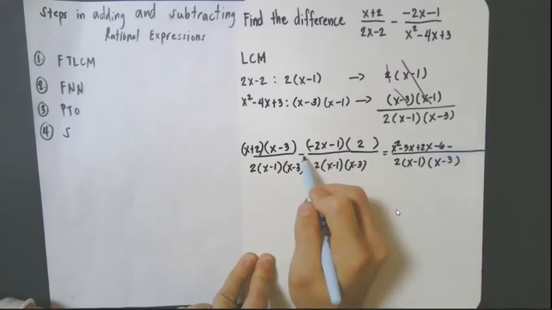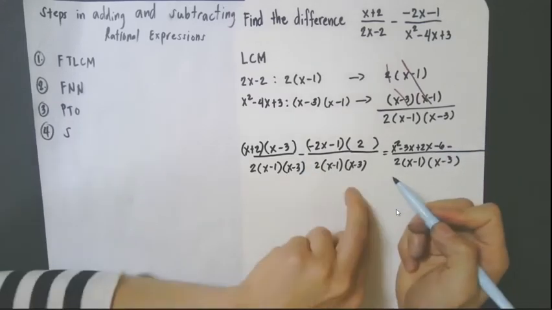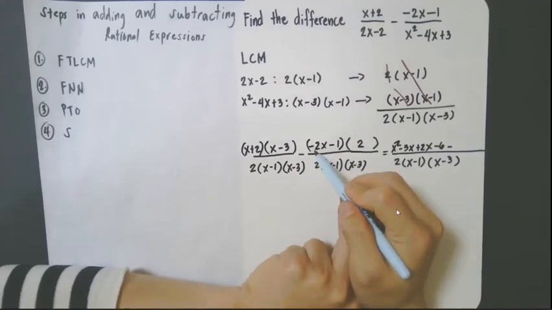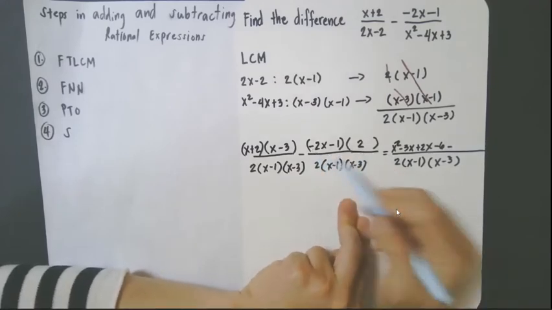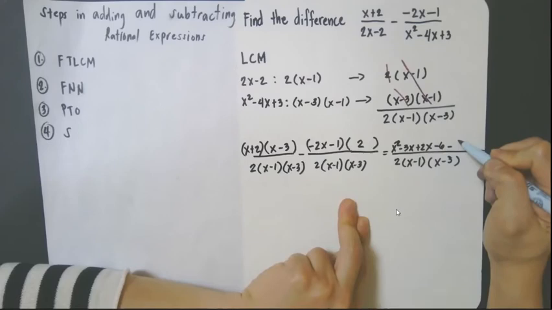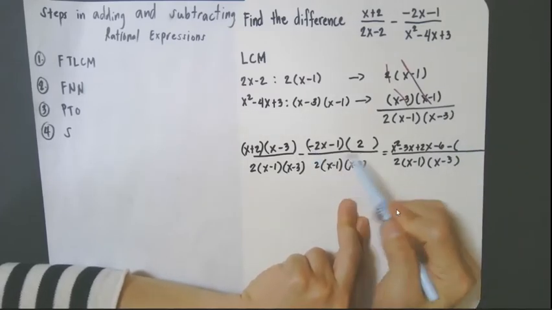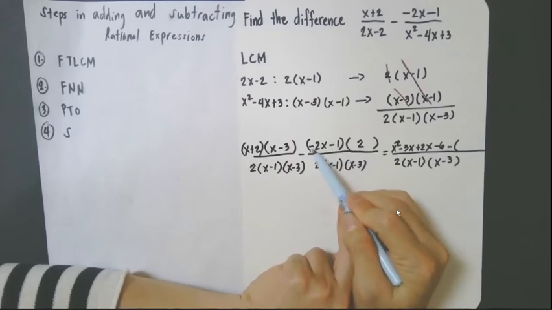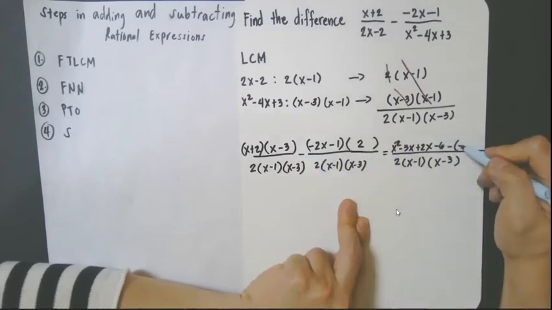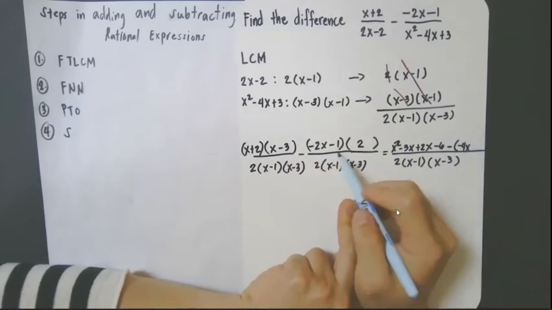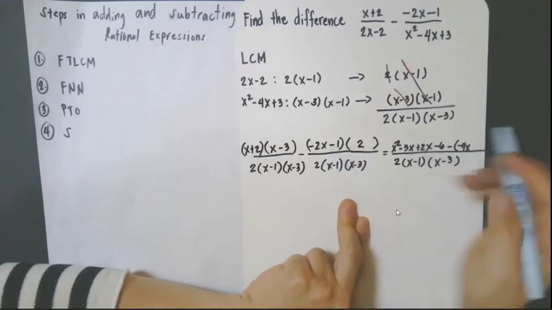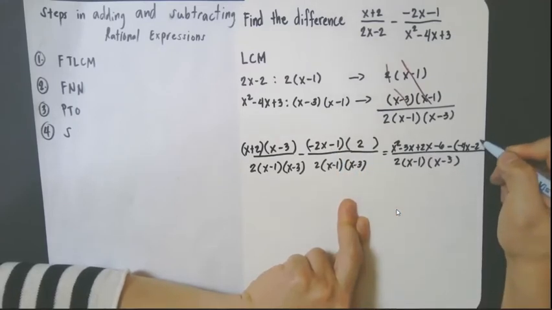Minus, because you have there the subtraction sign. Okay, now we have here a negative 2, right? So in that case, let me place that in parentheses so we won't mix up with negative. So negative 2x times 2, that will give us negative 4x. And negative 1 times 2, that will give us negative 2.